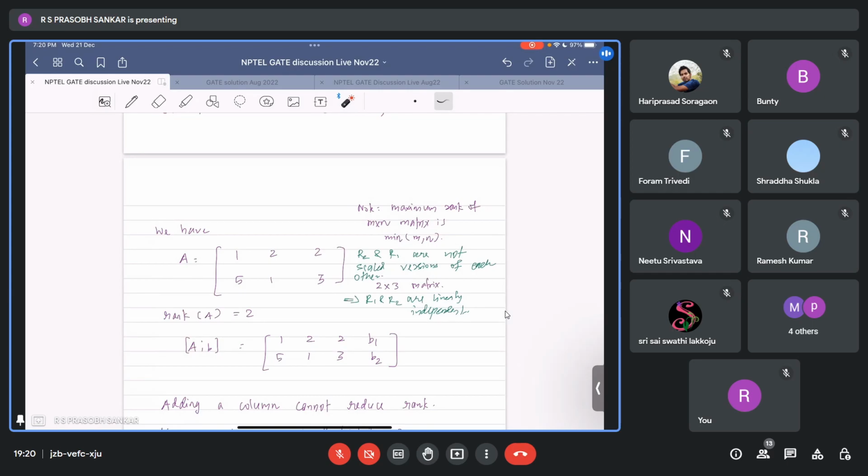Because 4 is larger than 2, and we can have only the maximum number of linearly independent columns or rows of one of these. So whichever dimension is the smallest, that is the maximum rank that is possible. So this statement is clear. This is the main thing regarding the maximum rank of an m cross n matrix, it is the min of m comma n. So this statement is fine.